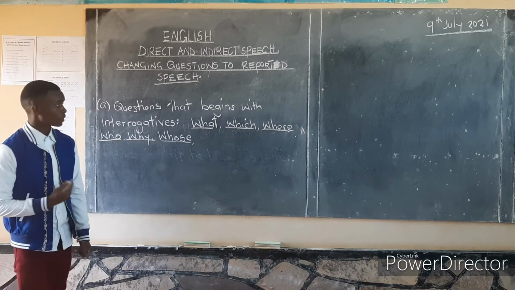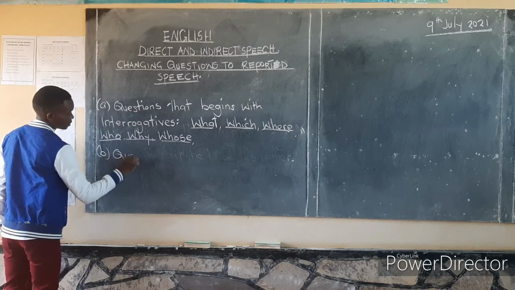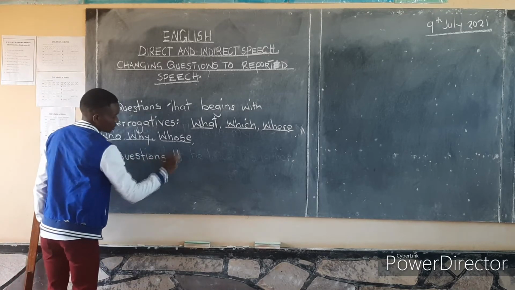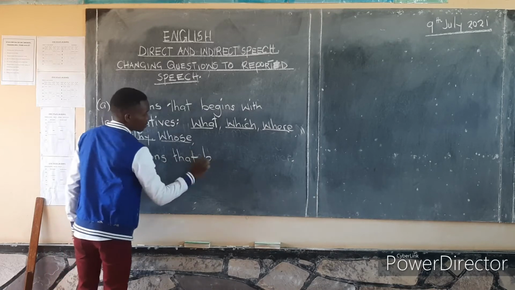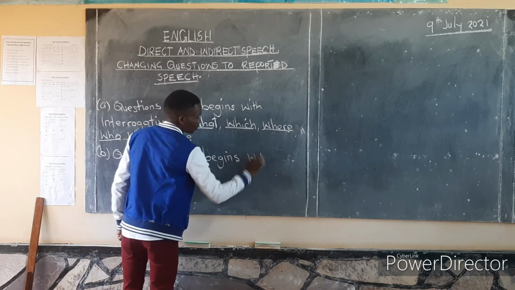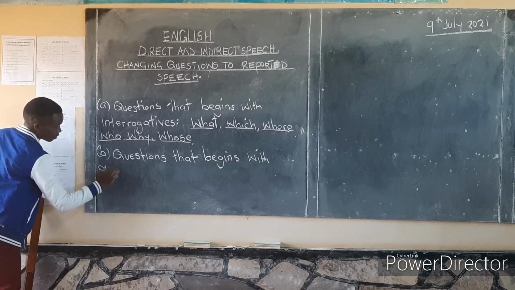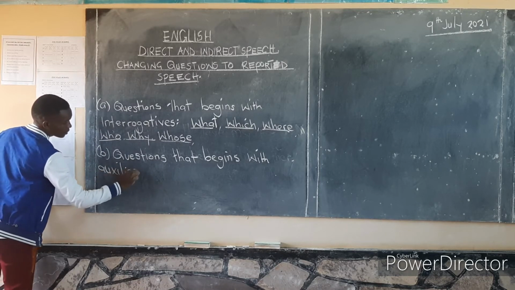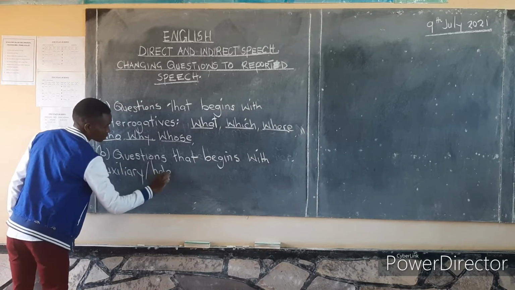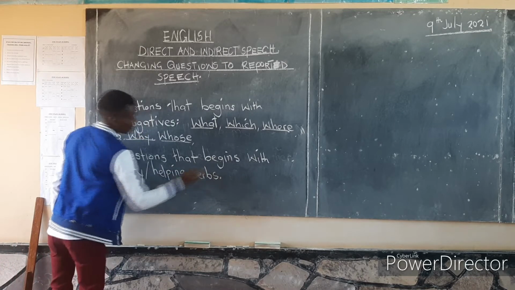Another kind is B, questions that begin with auxiliary or helping verbs.